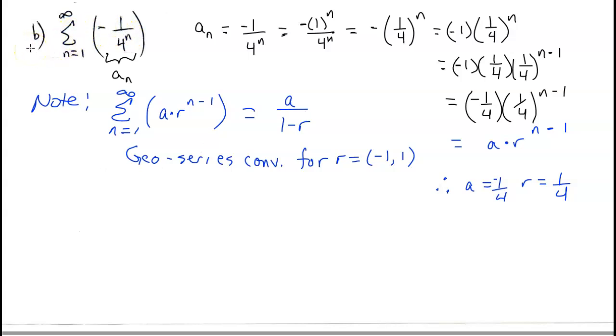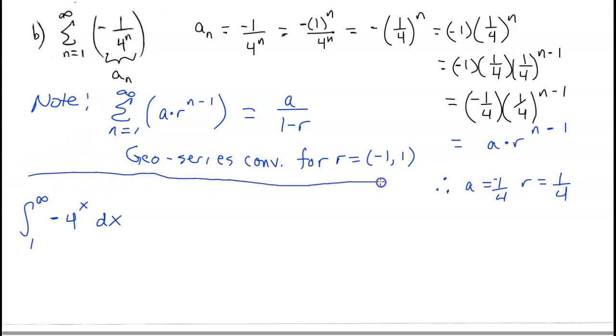Okay, and if we did that, essentially what we would have to do is take the integral from 1 to infinity of essentially negative 4 raised to the negative x dx here. Okay, and I'll do this quickly to show you that it works both ways here.